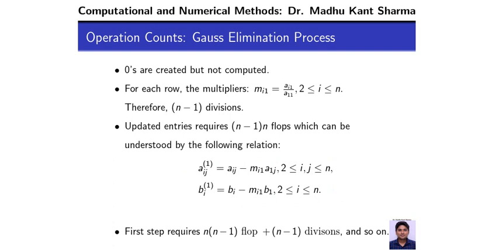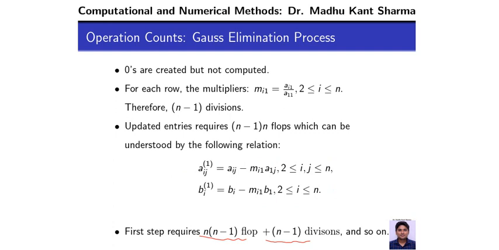So the first step requires n into n minus 1 flops plus n minus 1 divisions, and so on. You have to repeat a similar process for the second step, meaning you reduce n by 1.